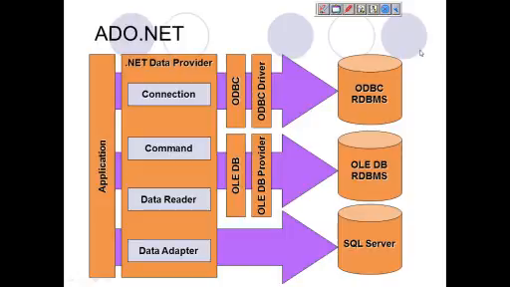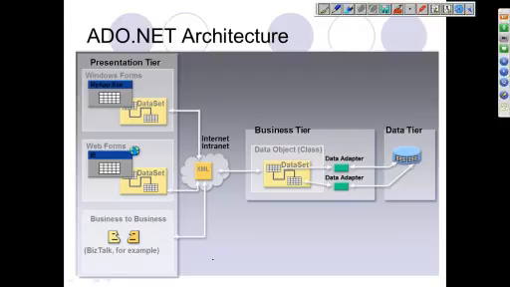Now, these three layers, we actually call them different tiers. We call it three-tier architecture. One is the data tier, or data layer, where the database is. Another is the business tier. The business tier is where data from the data tier comes to your application in memory, only in memory.